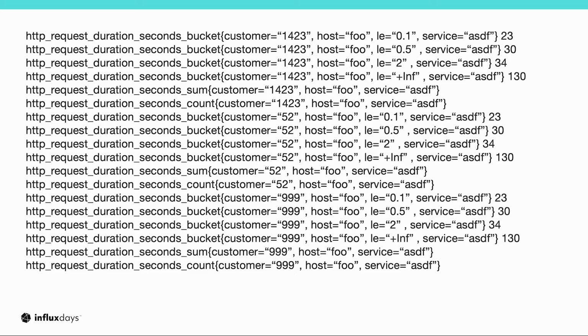But then the problem you get back to is that you've summarized too much before it gets to the database. You can't get that per customer view. And the other thing is, as you add more dimensions to what you're tracking to your Prometheus data and in the pull model, you represent the full state on every scrape that you do, right?